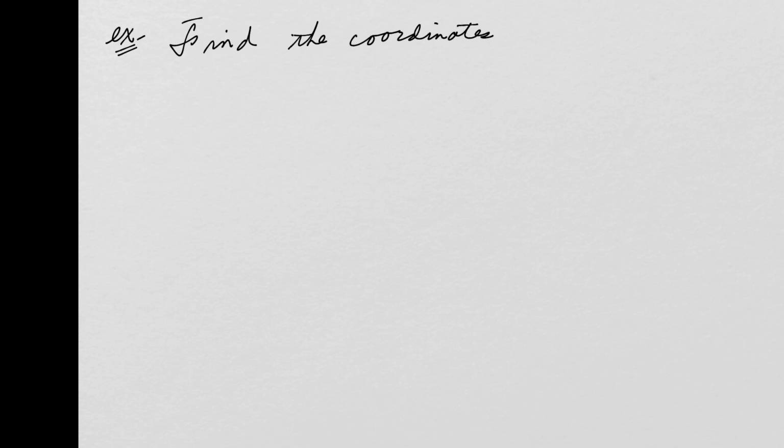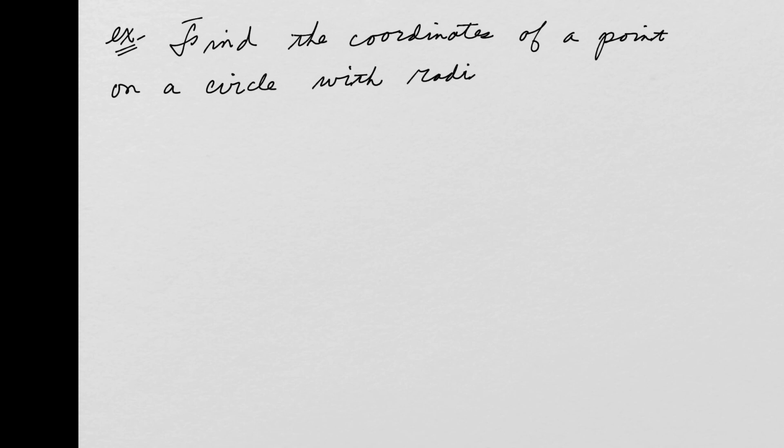Let's say you're asked to find the coordinates of a point on a circle with radius 5, so r equals 5, corresponding to an angle of 15 degrees.